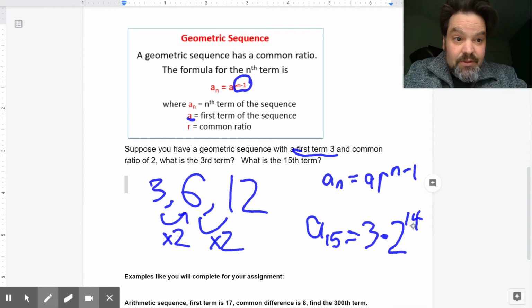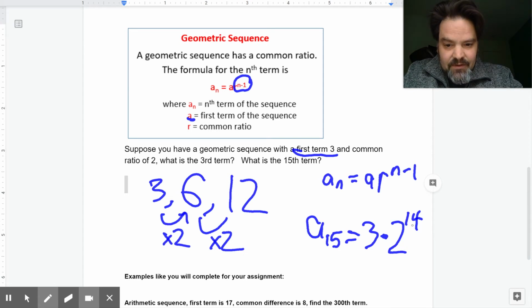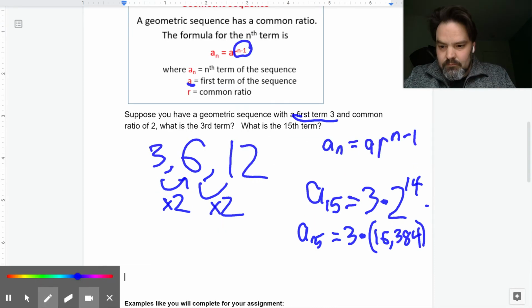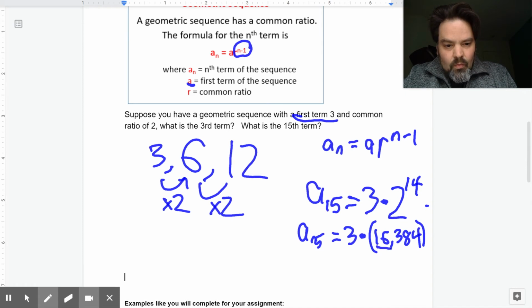I don't expect you to know what 2 to the 14th power is off the top of your head. I don't know what it is off the top of my head, but we can just use a calculator real quickly. So I went ahead and plugged that into the calculator. 2 to the 14th power is 16,384.